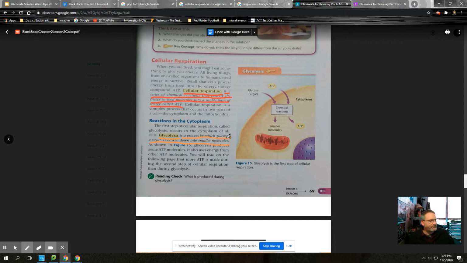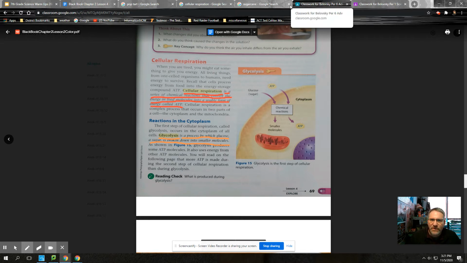Hit pause. All right, so what is glycolysis? Glycolysis is basically when you take sugar and it goes into your body, and it is broken down into its molecular form, because when you eat sugar the way it is in food or straight out of the sugar bowl, it's too big. It can't go into your cells.